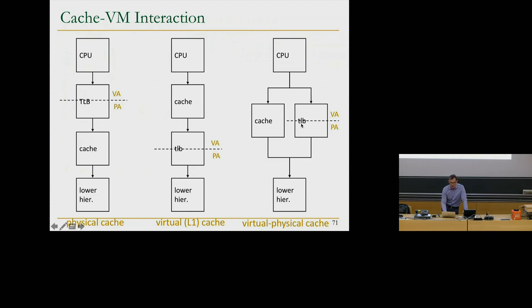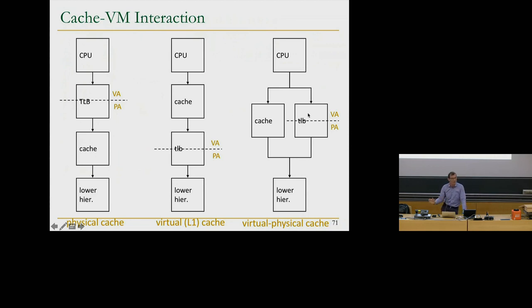So most systems today actually do something like this, a virtual-physical cache. What does this mean? This means that you do the translation in parallel with the cache access, but the tags you store in the cache are actually physical. You don't have virtual tags in the cache. The tag in the cache is not based on the virtual address, it's based on the physical address.